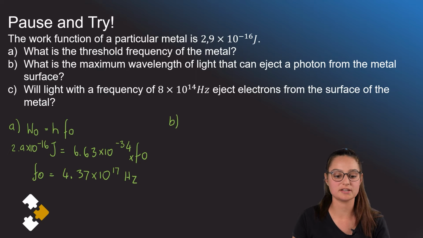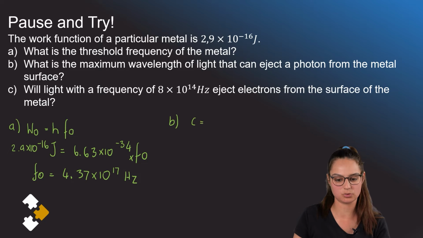B asks, what is the maximum wavelength of light that can eject an electron from the metal surface? Well, we can use our equation c equals f0 times our threshold wavelength. And what we're going to be looking for is our threshold wavelength here.